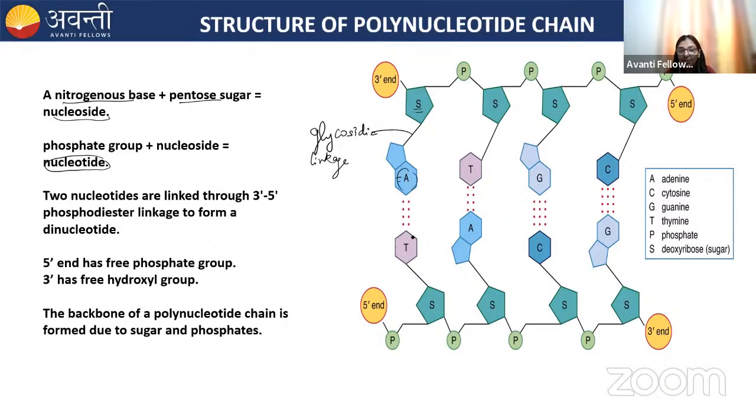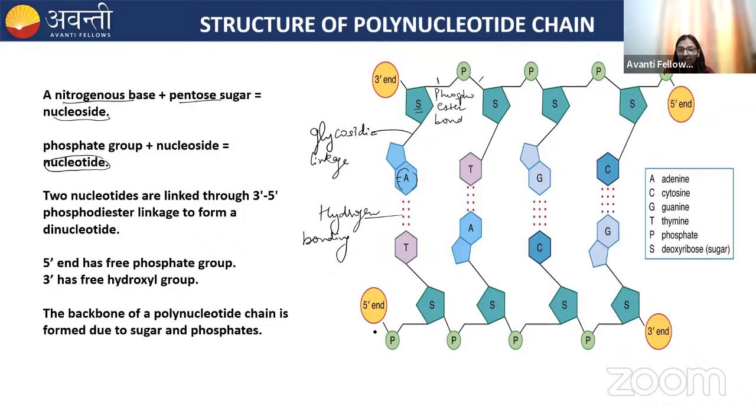And the two nitrogenous bases are connected by hydrogen bonding. And the sugar is attached to the phosphate by the phosphoester bond. So this phosphoester bond and this phosphoester bond together form the phosphodiester bond.